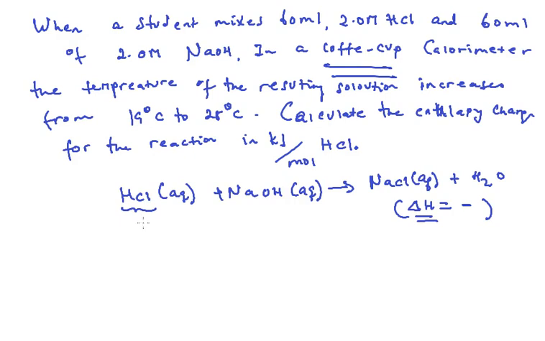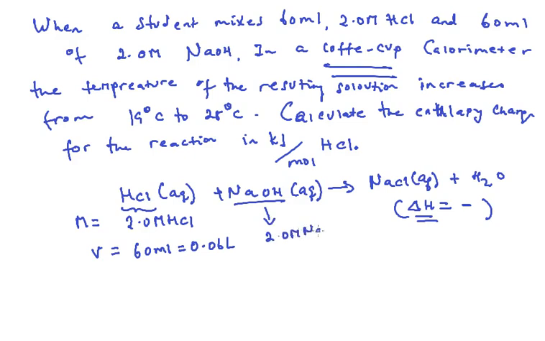The given values that we have are 2.0 molar hydrochloric acid. That's the concentration. We have the volume, which is 60 milliliters. If you want to change 60 milliliters into liters, it's going to be 0.06 liter. Let's see about sodium hydroxide. For the sodium hydroxide, we have 2 molar sodium hydroxide, and we also have 60 milliliters of sodium hydroxide, which is 0.06 liter.